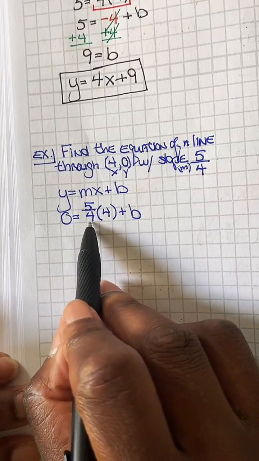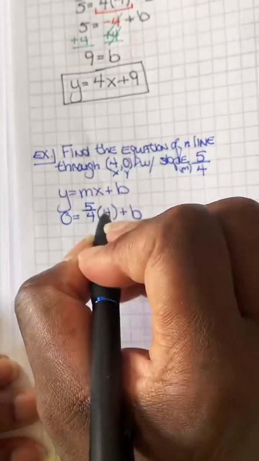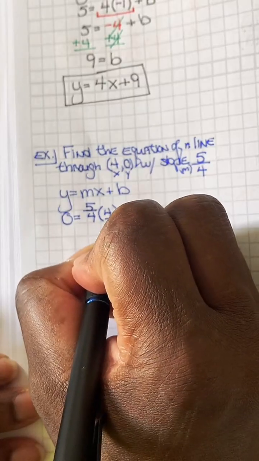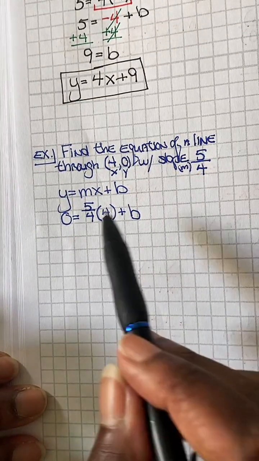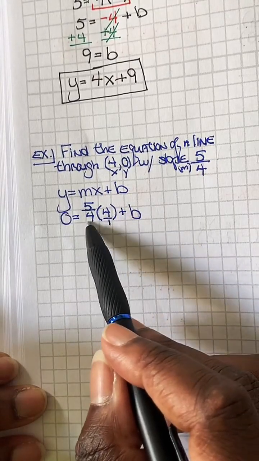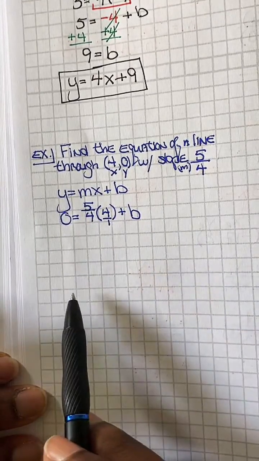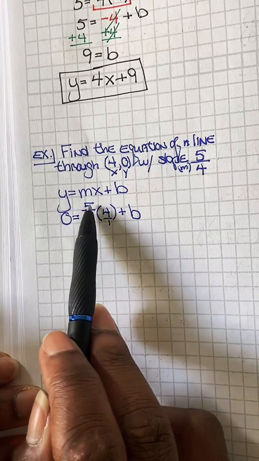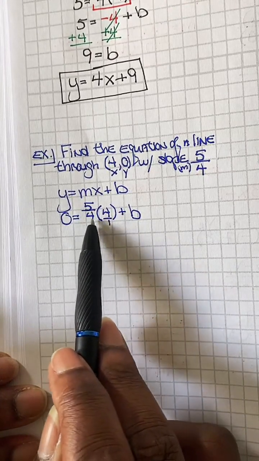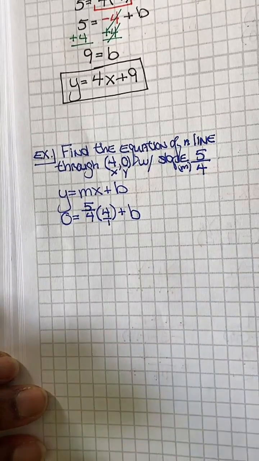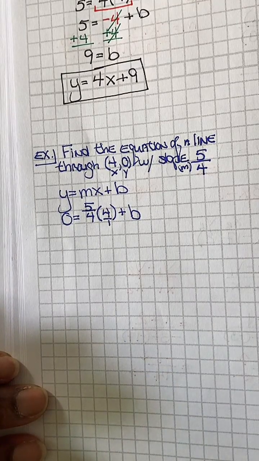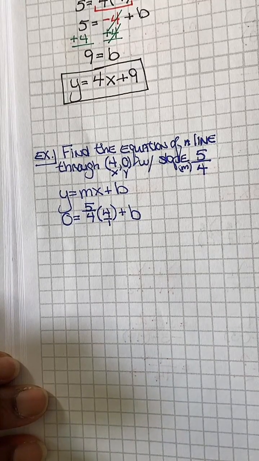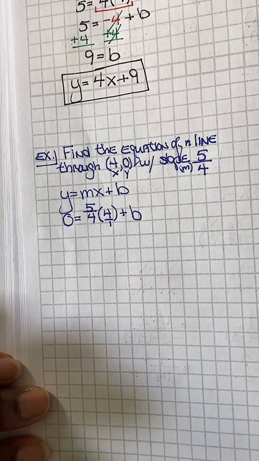Anytime you have a fraction being multiplied by a whole number, make it into a fraction. And you can do one of two things. You can either cross simplify, or you can multiply the numerators, then multiply the denominators, then divide. So either you simplify, then multiply, or you multiply, then simplify.